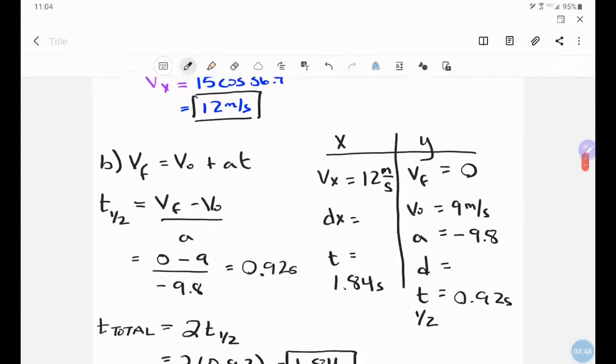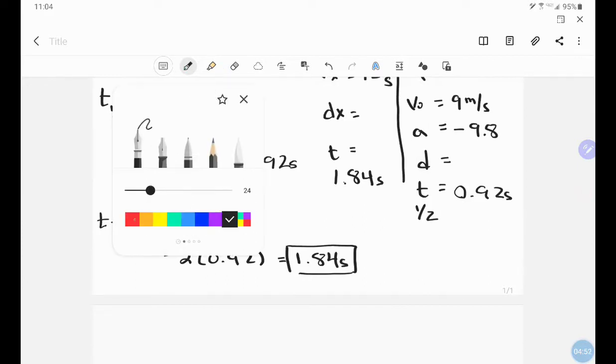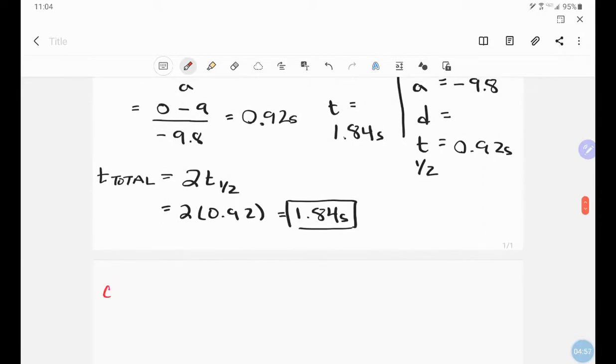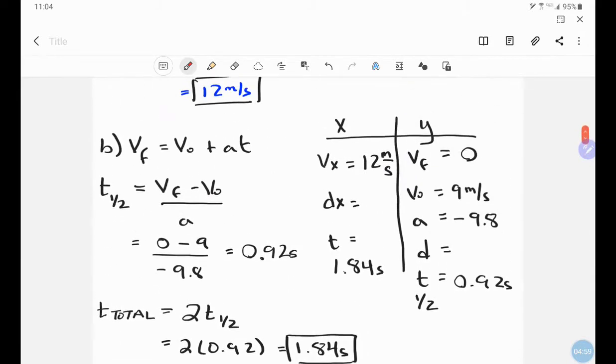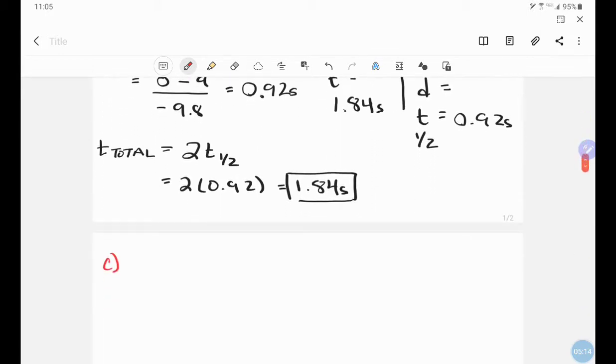Part C says horizontal range. For part C, looking at my x column, I know the initial velocity in the horizontal direction is 12 meters per second. That doesn't change because there's no acceleration. I know the total time of motion is 1.84 seconds, so I can easily get horizontal distance. So Vx is equal to dx divided by time.